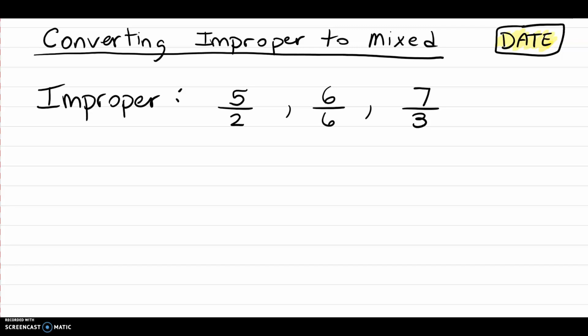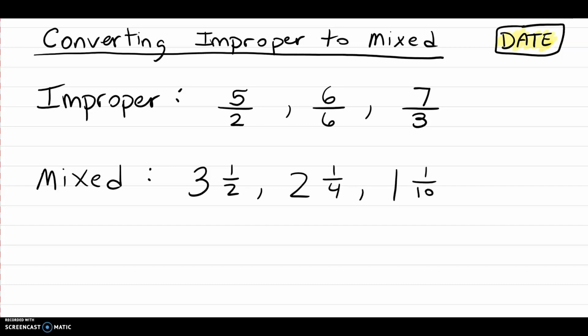So there are times when you want to convert from improper to mixed. So remember, a mixed number is when you just have the whole number with the fraction. So for example, like 3.5 or 2 1/4 or 1 1/10.